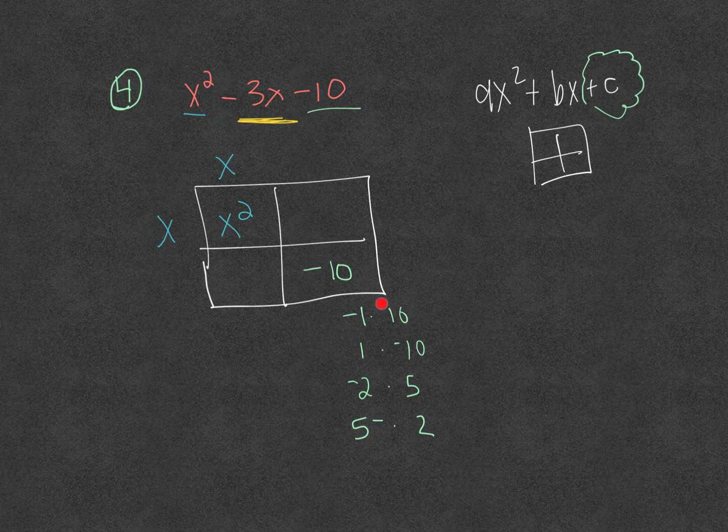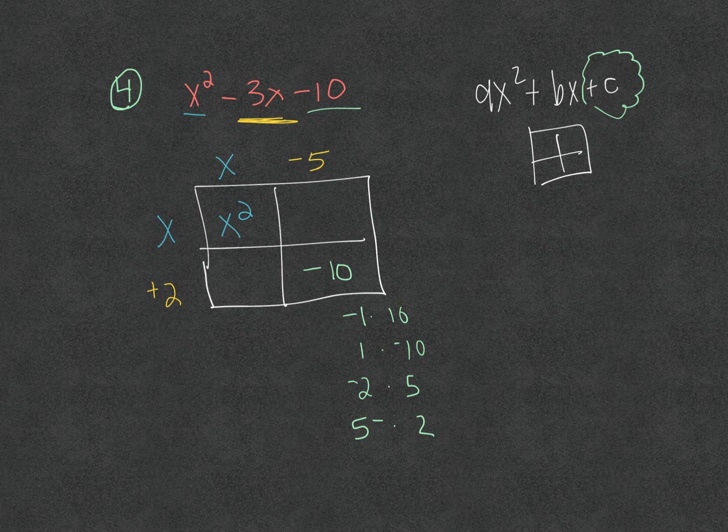So when I add, that would make a 9. When I add, this would make a negative 9. When I add here, this will make a positive 3. When I add here, this will make a negative 3. And so that tells me that that is going to be the correct choice, and I'm going to put in a negative 5 and a positive 2.